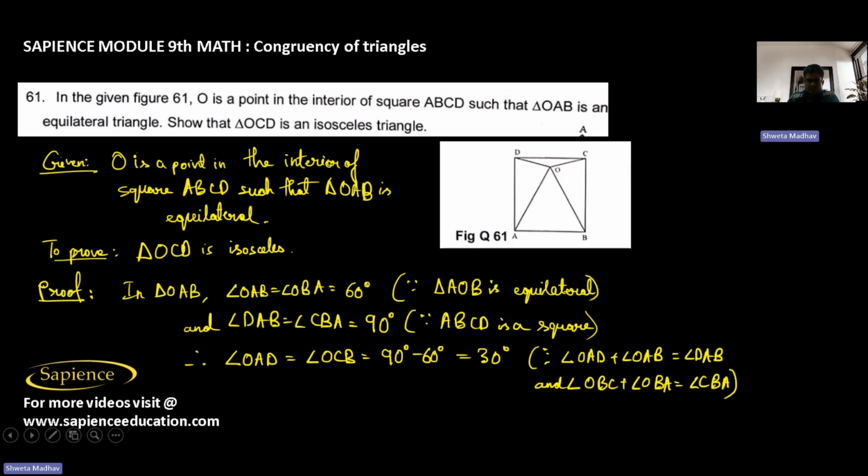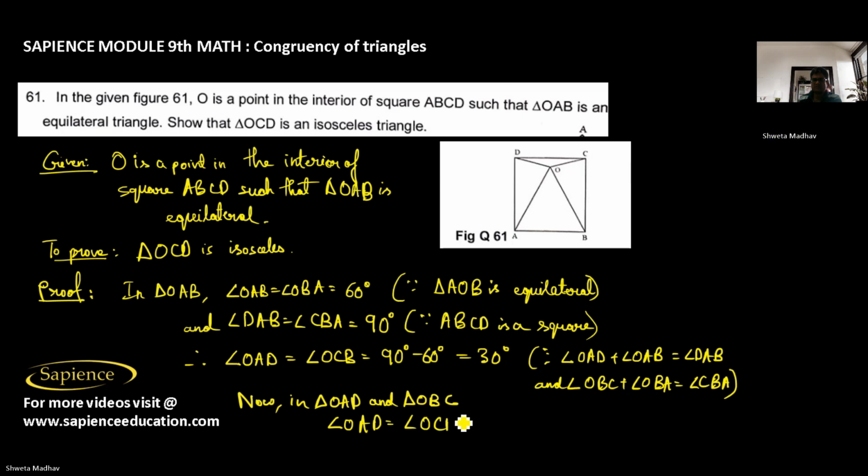And OAD is equal to OBC, that is equal to 30 degrees. So now you can say that in triangle OAD and triangle OBC, angle OAD is equal to angle OBC. It's not OCD, it will be OBC. So angle OAD equals angle OBC.